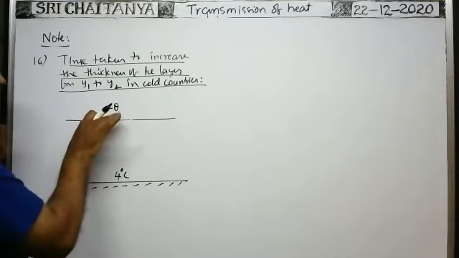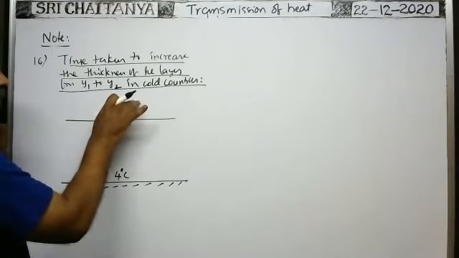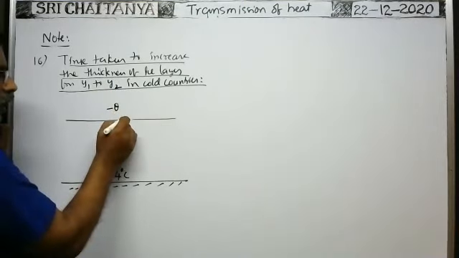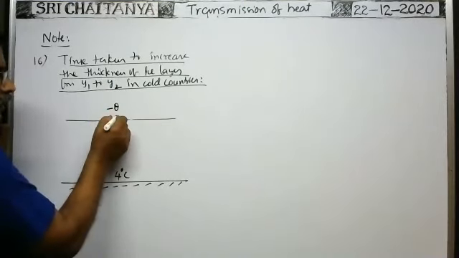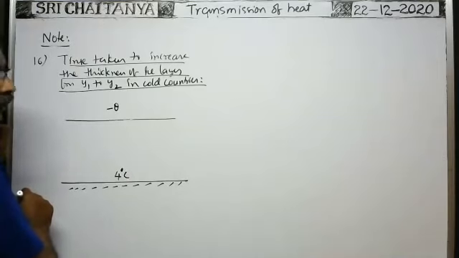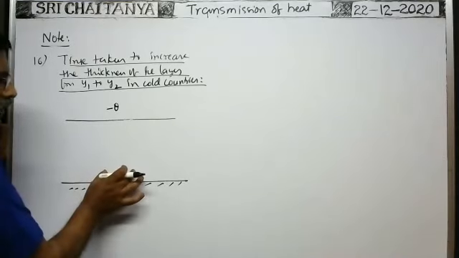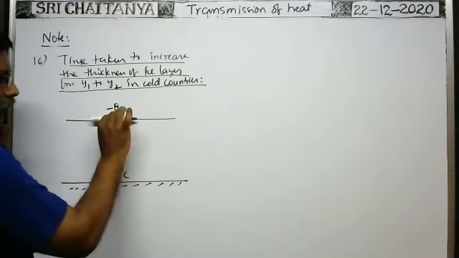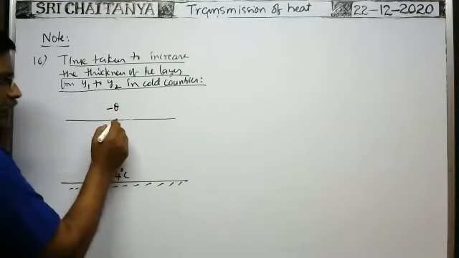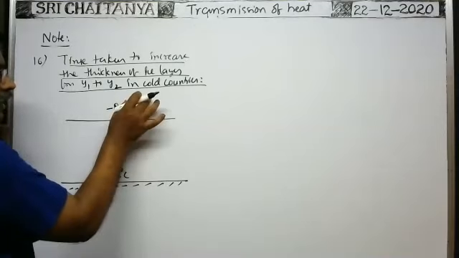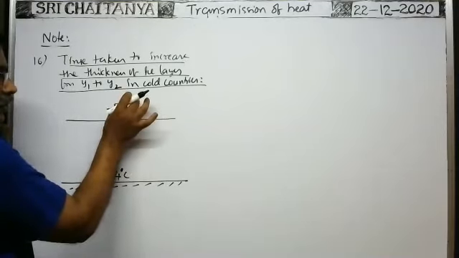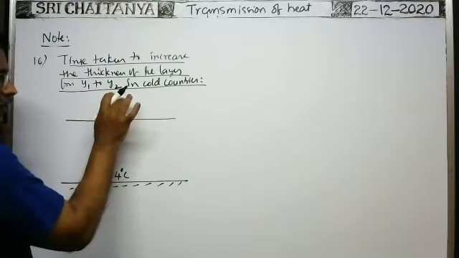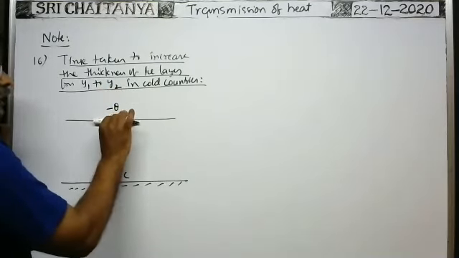Here, as the surface of the water in the lake is in contact with the atmosphere, the surface of the water is at a temperature equal to atmospheric temperature, minus theta. Here, the temperature of the water is 4 degrees centigrade at the bottom. Actually, the surface of the lake is at 0 degrees centigrade, but as it is in contact with the atmosphere at minus degrees, the surface loses some heat energy to the atmosphere.